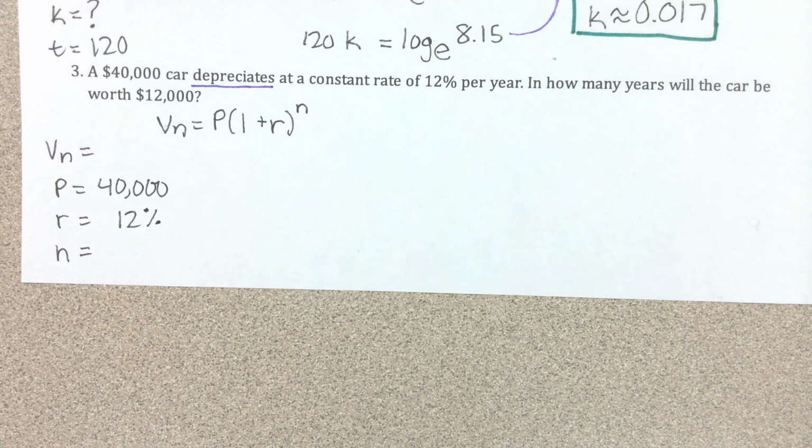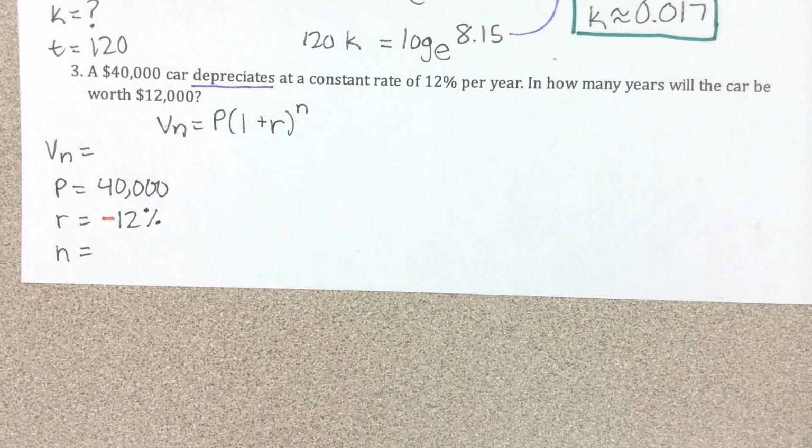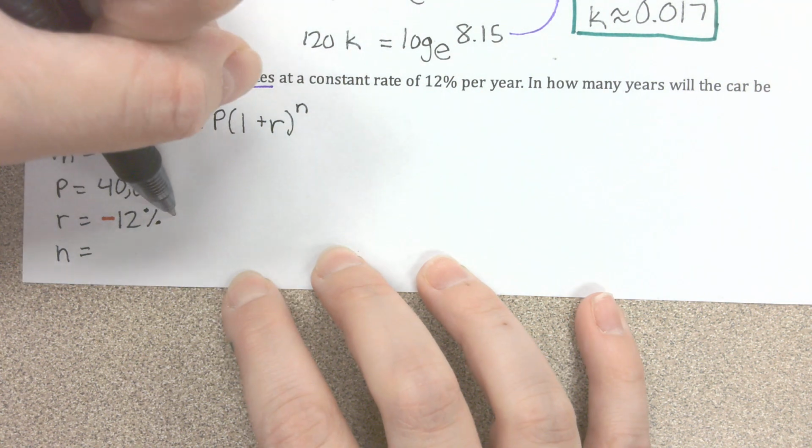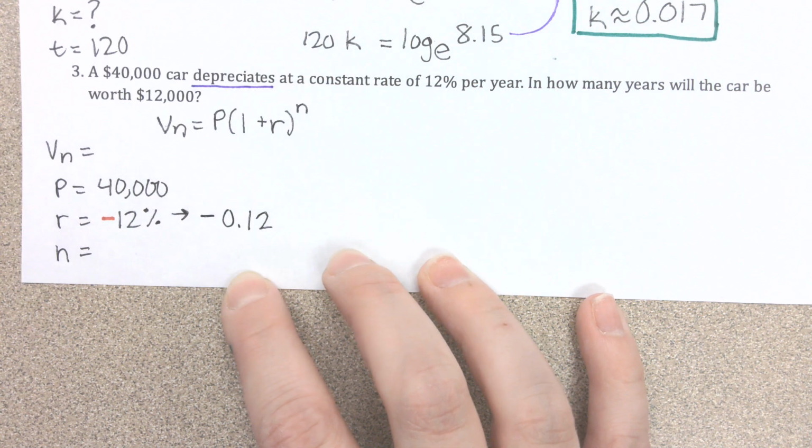Since this is a depreciation problem, I have to include something else here with that percentage. It's going to be negative. It's going down in value, so we actually have to represent that in the rate. So it's actually a negative 12%. So we'll rewrite this as negative 0.12.